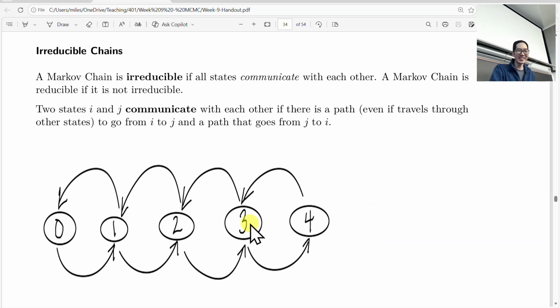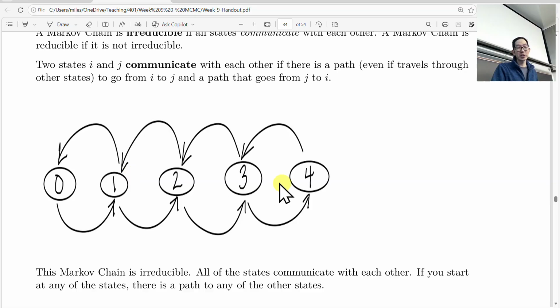Basically, anywhere you start, there's a path that exists to every other state. So if I start off at 0, there is a path that gets me to 4. I might have to go through a bunch of other states, but there is a way for me to get to 4. And if I start off at 4, there's a way for me to get to 1 or 2 or 3 or 0. Basically, all of the states communicate with each other. So this one is irreducible.